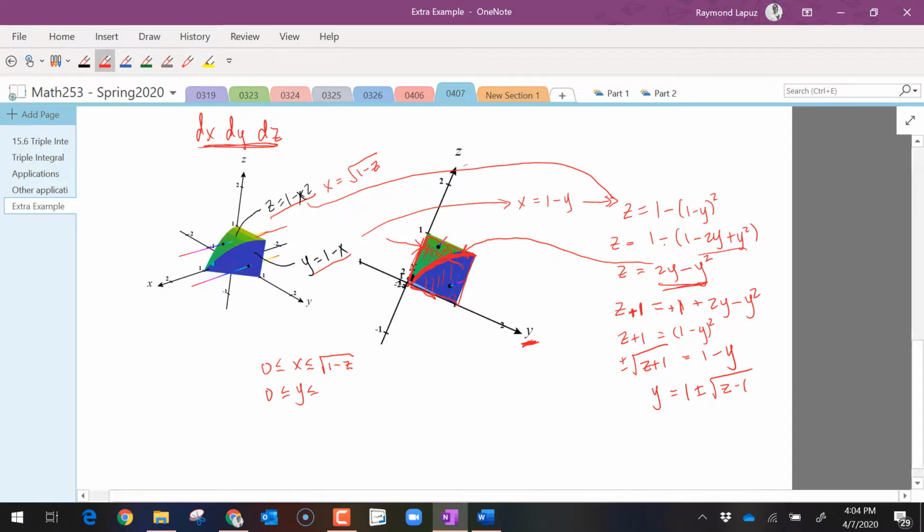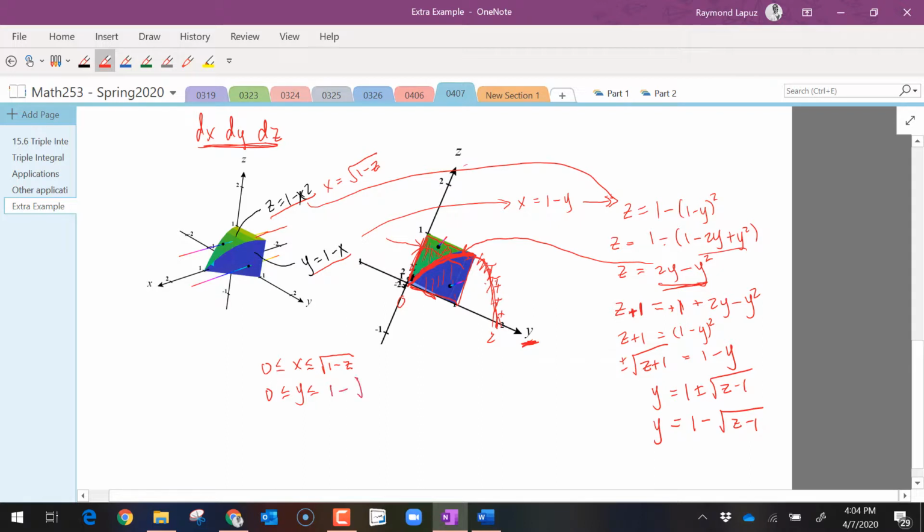And I think this graph would continue down here because the y's intersect at 0 and 2. So this is 2 right here, 0 and 2. And so if we look at that, this is the positive part of the square root. This must be the negative part of the square root. So it must be y is equal to 1 minus the square root of z plus 1. So that is the exit part.